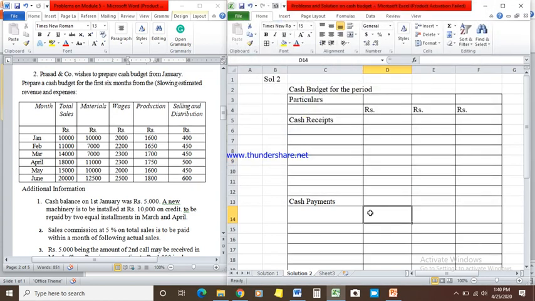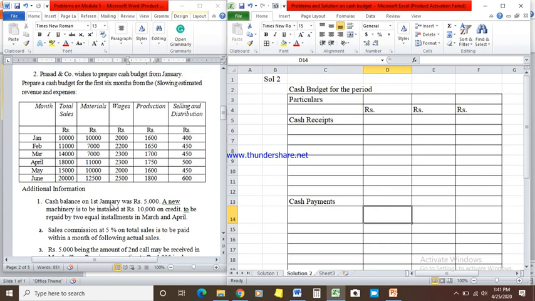Let's look at it: Prasad and Company wishes to prepare a cash budget from January. Prepare a cash budget for the first 6 months from the estimated revenues and expenses. We are given the estimated revenue and expenses from January to June: the total sales figures, material, wages, production overheads, and selling and distribution overheads.